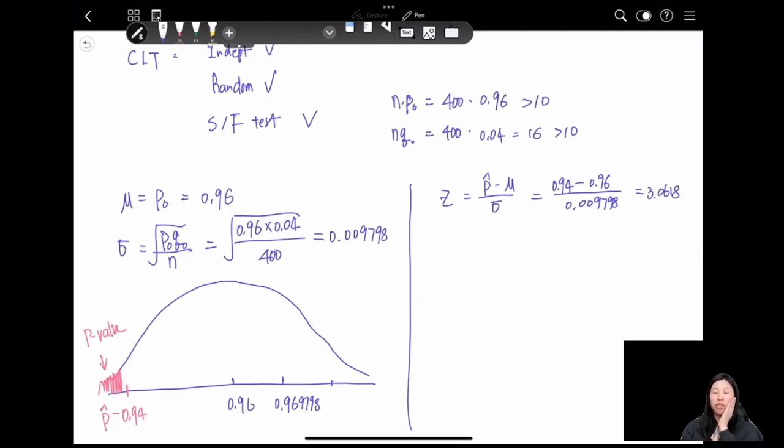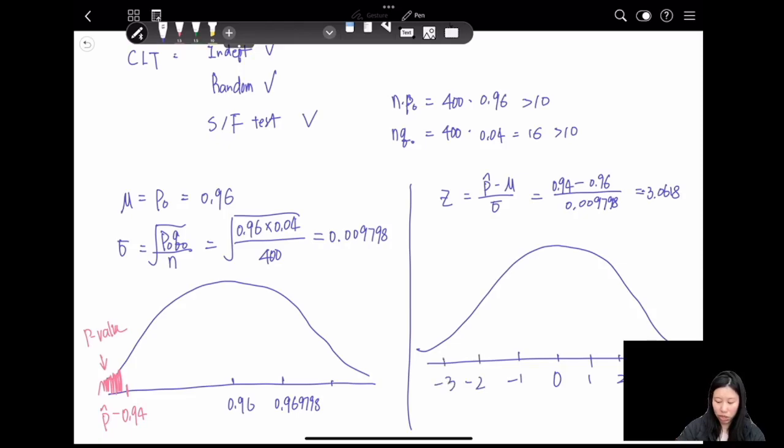Again, use the calculator to calculate it by yourself. So here we have our z-score normal distribution. 1, 2, oh, this is negative. -1, -2, -3.